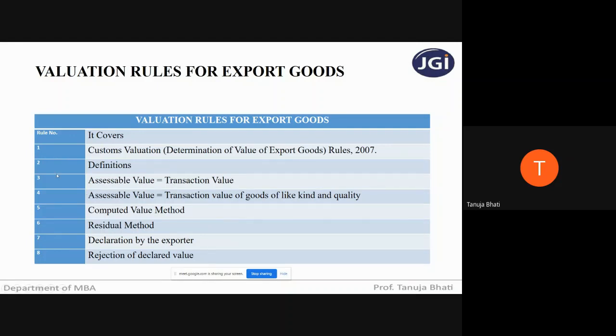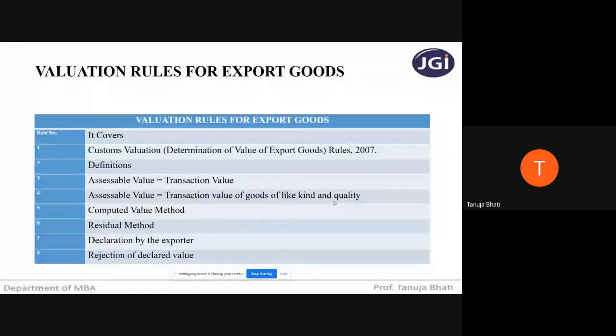Rule number 2 talks about the different basic important definitions which we need to know before we study the rules. Rule number 3 says that assessable value is equal to the transaction value. Rule number 4 says that assessable value is equal to the transaction value of goods of like kind and quality.